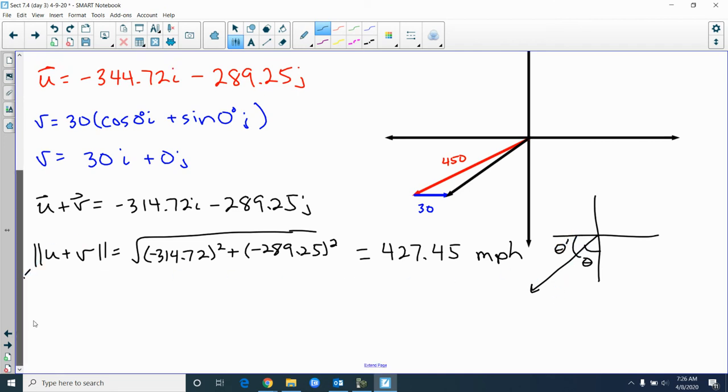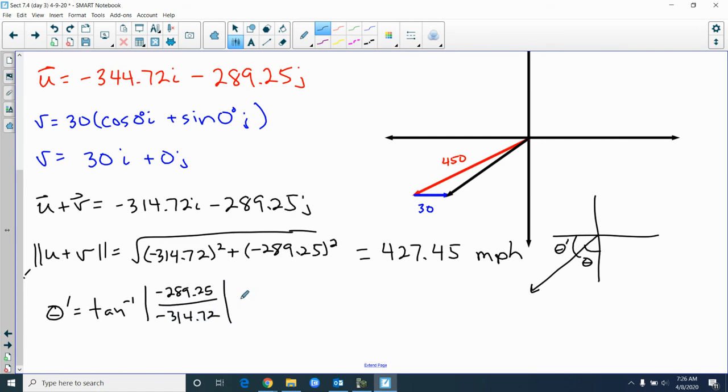So when we do that, theta prime is inverse tangent of the absolute value of negative 289.25 divided by negative 314.72. Okay, I got 42.59 degrees.